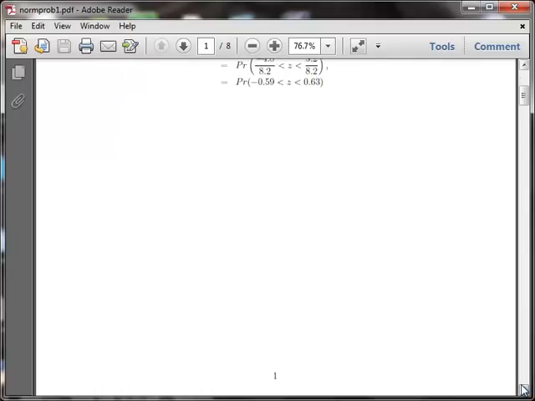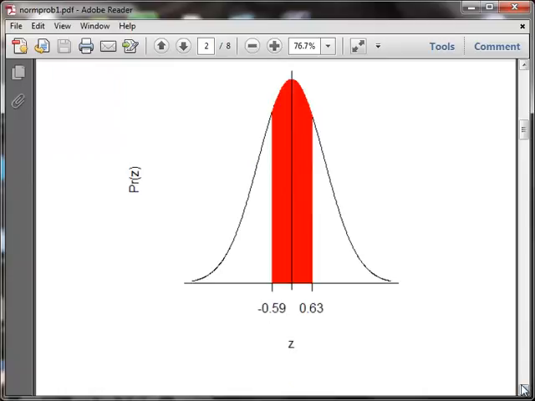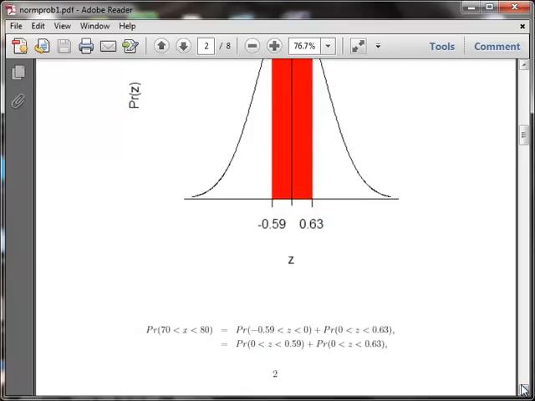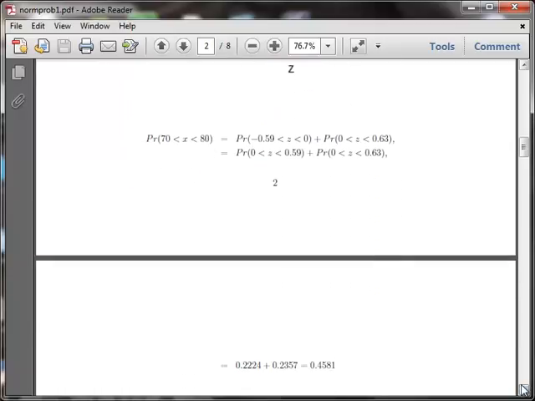If we scroll down a little bit, there's the picture to it. Notice that the shading is on both sides of the zero line, so that means we're going to add two pieces of probability. You're going to have the area from minus 0.59 to 0, and then from 0 to 0.63.